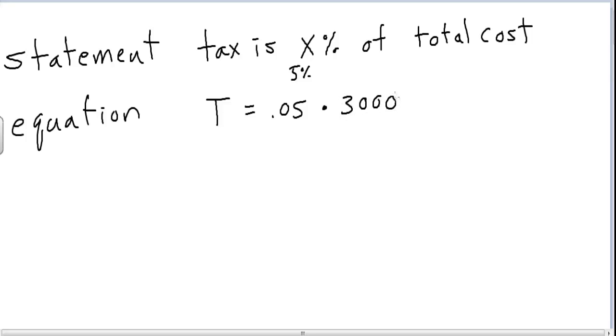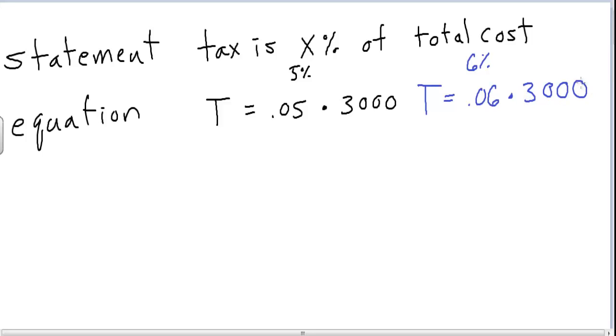Now after January 1st, 2008, I have a new equation. T, our tax, is equal to our new percentage, which is 6%. Let's change it to a decimal. I'll divide by 100, make it 0.06, times the total cost, which is $3,000.